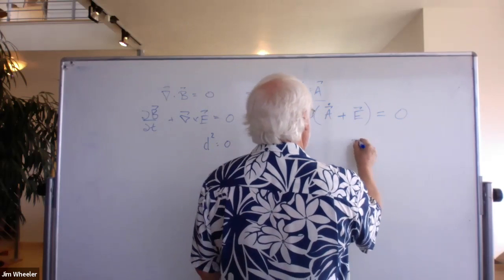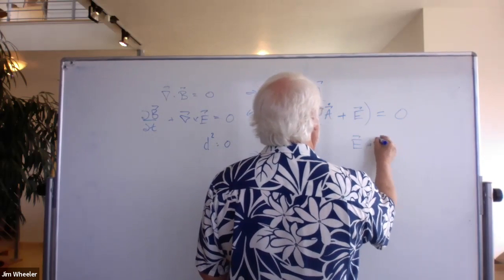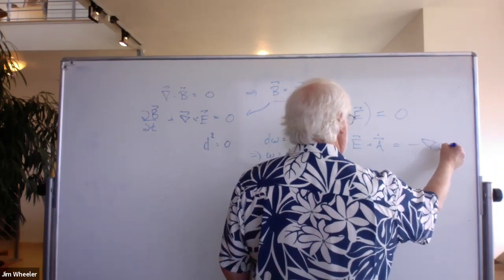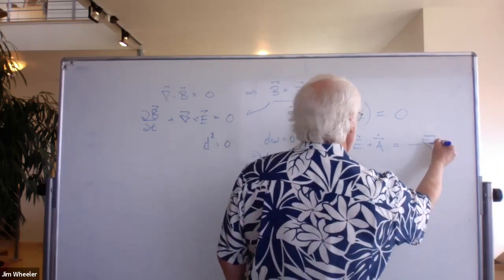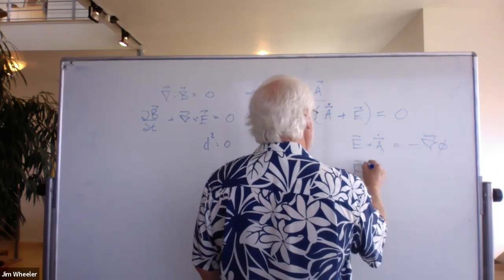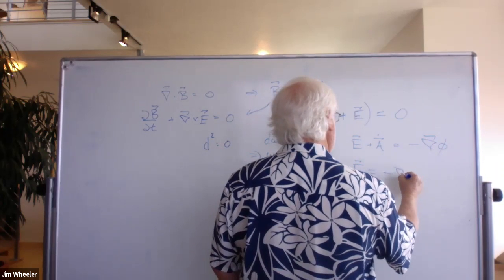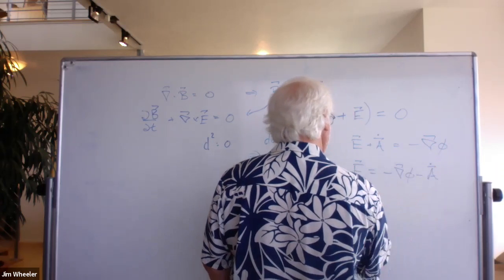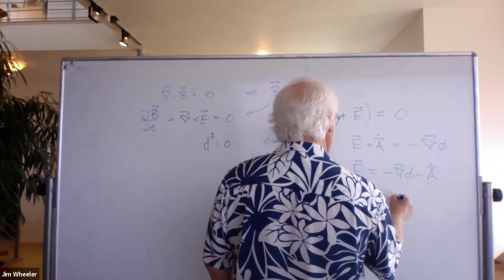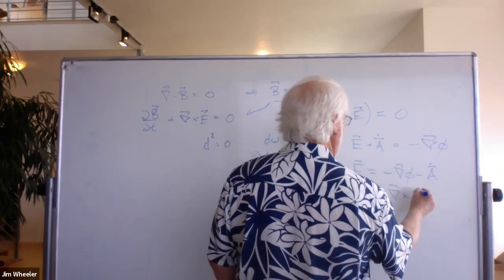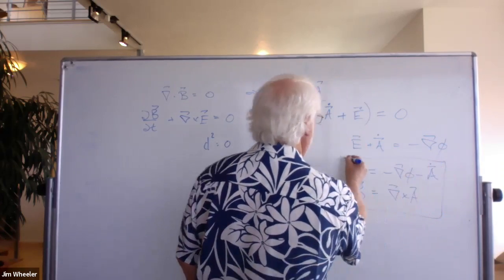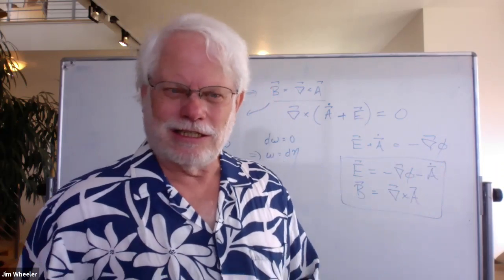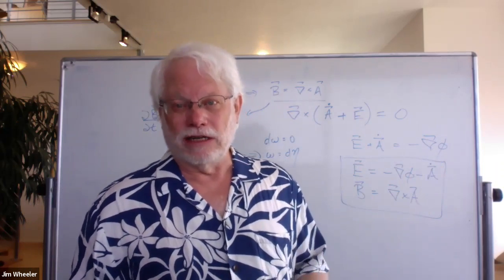And so we can write E plus A dot as minus, which is conventional here, minus the gradient of something. And that says that we can write E as minus grad phi minus A dot, and we can write B as the curl of A. So that's how the homogeneous Maxwell equations give us the existence of the 4-potential for E and M.